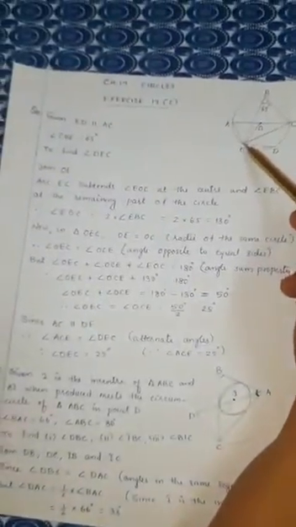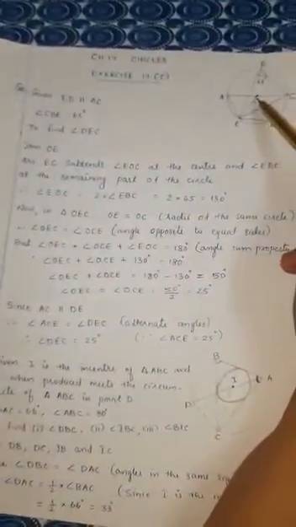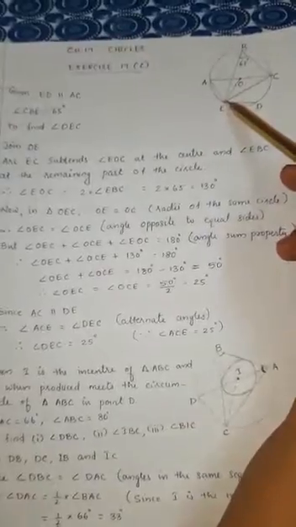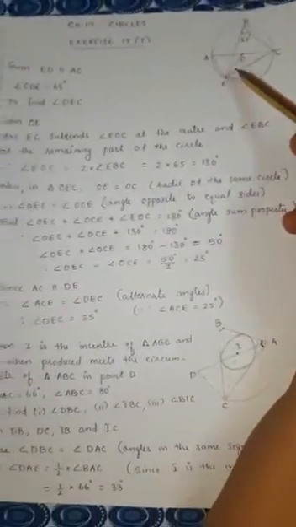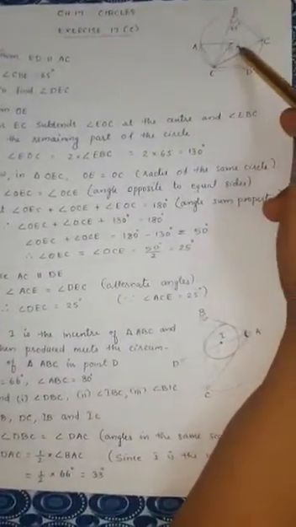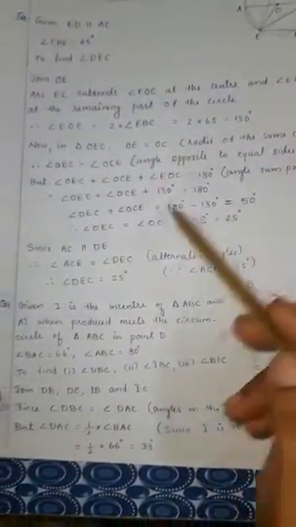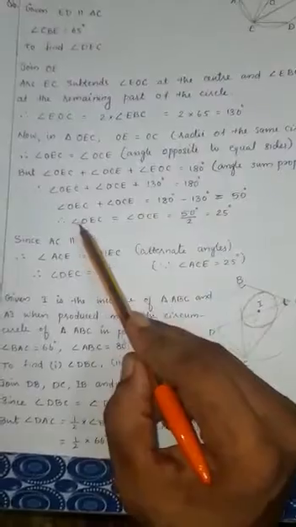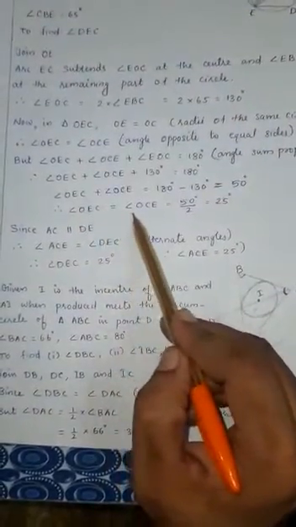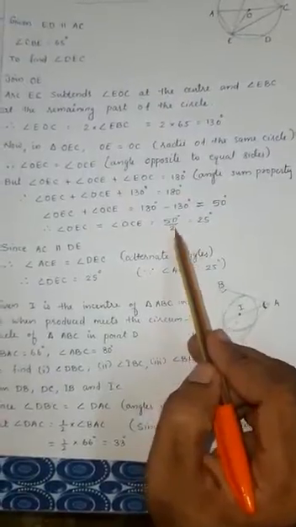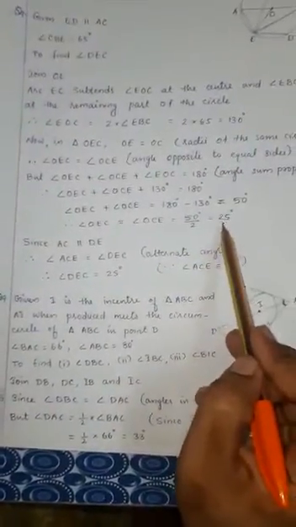Therefore, angle OEC plus angle OCE equal to 180 degree minus 130 degree equal to 50 degree. Therefore, angle OEC equal to angle OCE equal to 50 degree divided by 2 equal to 25 degree.